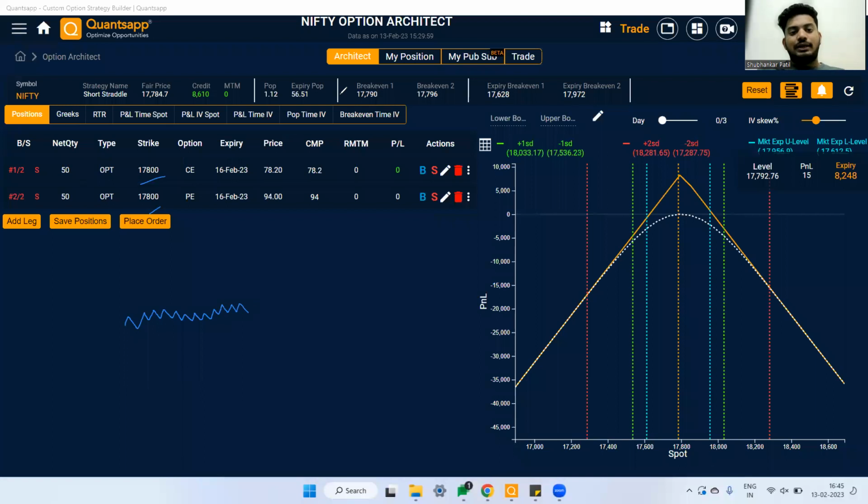Even if the market remains in that range, one thing is going to happen: theta is going to kill your premium, on the call side as well as on the put side.